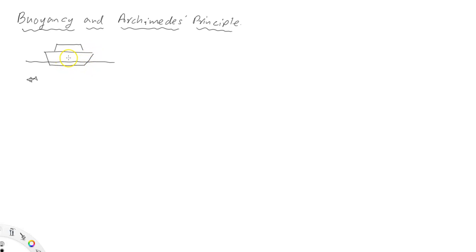Floating means its weight W is being supported by something. That something is provided by the surrounding liquid, in this case water, pushing back on it. This is called the buoyant force. Sometimes we mark it as BF, sometimes FB, either way, buoyant force.